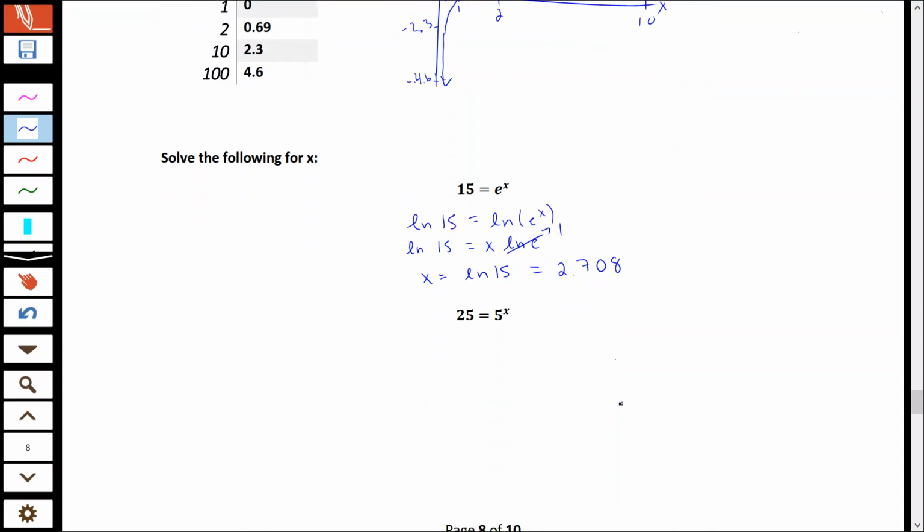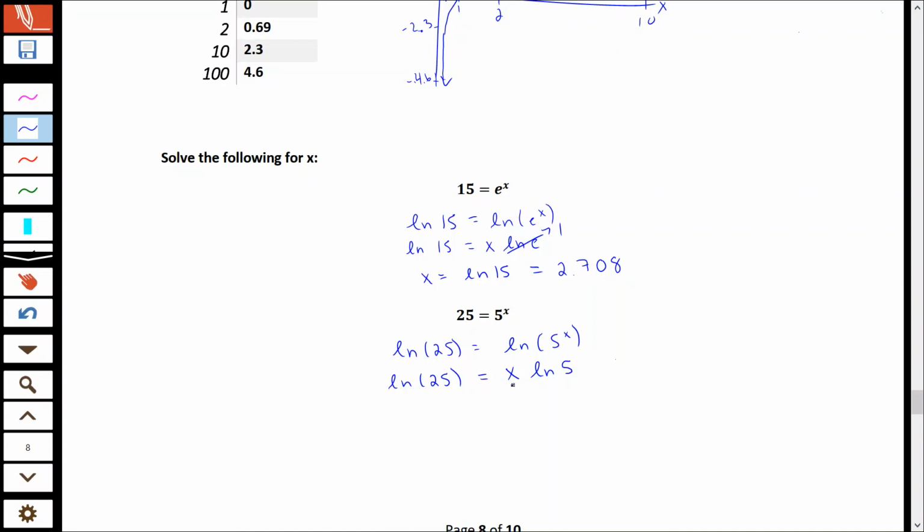It doesn't have to be base e. So I've got 25 equals 5 to the x. Again, if I take the ln of both sides, I'm going to have ln 25 is equal to ln of 5 to the x. But I can use my ln rules. So I've got ln of 25, which is just a number, and my x comes down, so then I've got x ln 5.